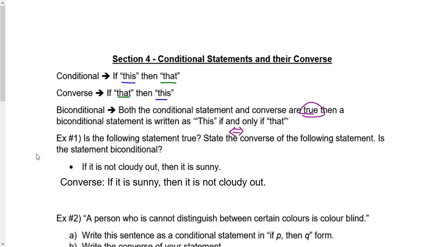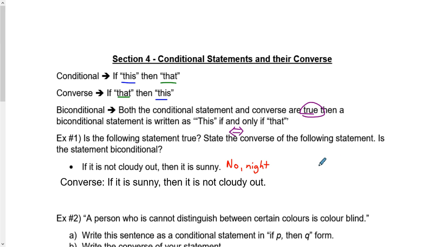Another question we need to ask ourselves: are they true? If it is not cloudy out, then it is sunny. Is that true? Well, you might be thinking yes, but no, it's not true. Why? It could be nighttime.